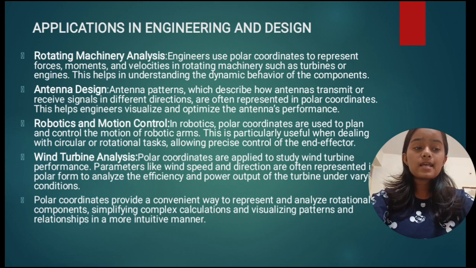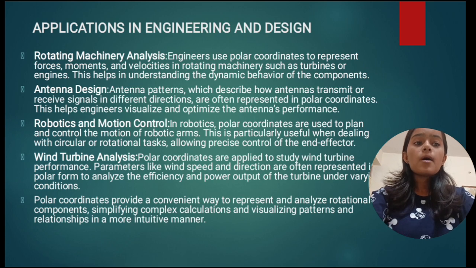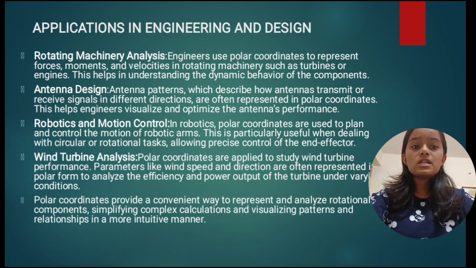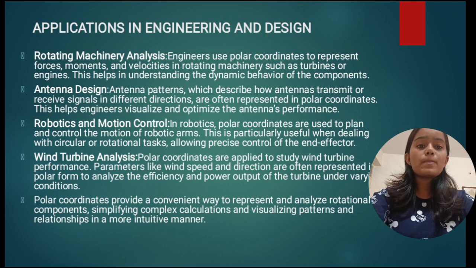Next, antenna design. Antenna patterns, which describe how antennas transmit or receive signals in different directions, are often represented in polar coordinates. This helps engineers visualize and optimize the antenna's performance. Robotics and motion control. In robotics, polar coordinates are used to plan and control the motion of robotic arms. This is particularly useful when dealing with circular or rotational tasks, allowing precise control of the end effector.